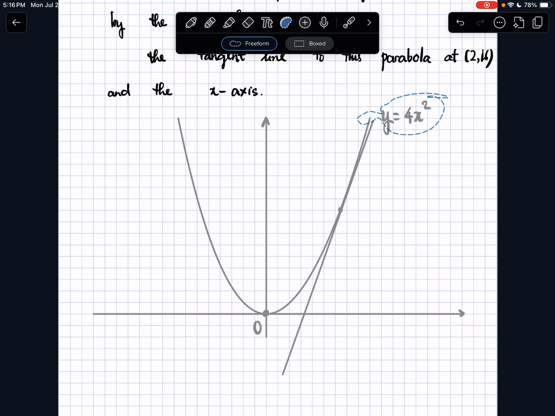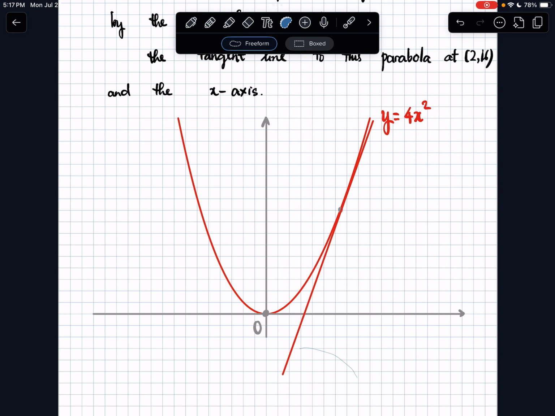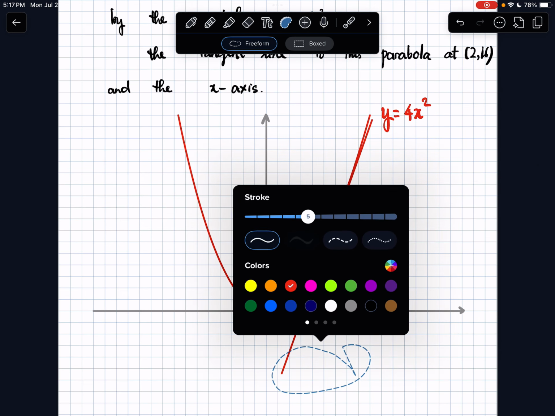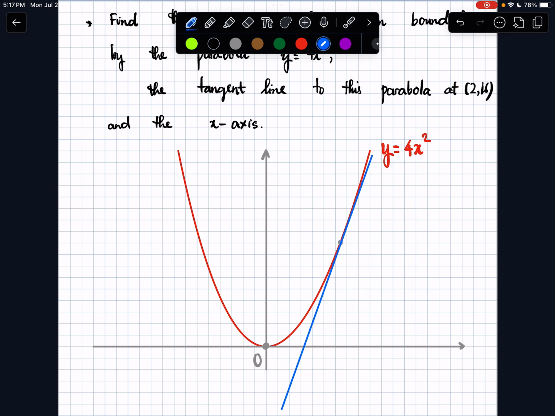The parabola is in red color, and the tangent line is a blue one. This point has coordinates x equal to 2, y equal to 16.